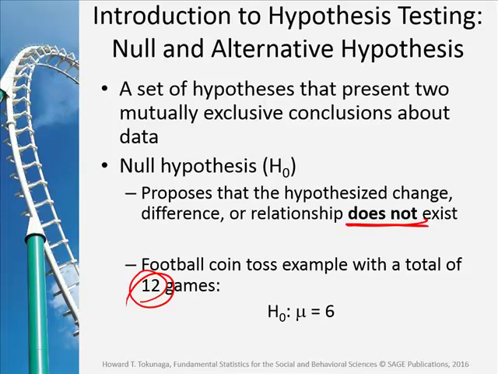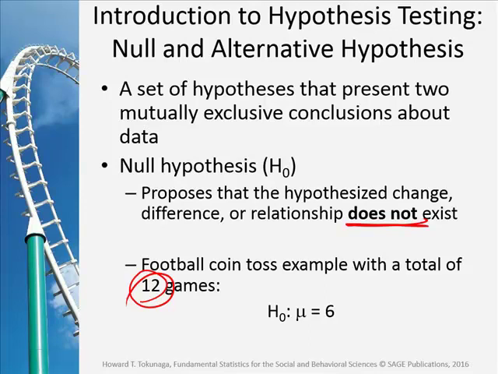So awkward. So he says, let's look at a sample of a dozen games, 12 games. If the coin flip doesn't matter, if there's no relationship between the coin flip and whether or not you win the football game or not, how many games should a team win out of 12? He says 6. Why 6?